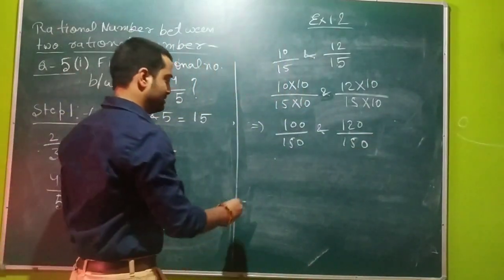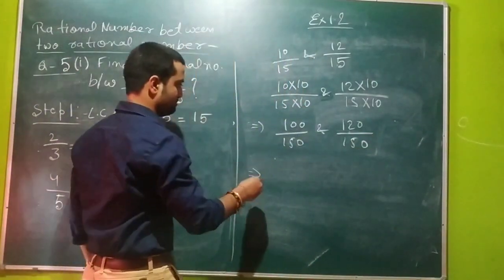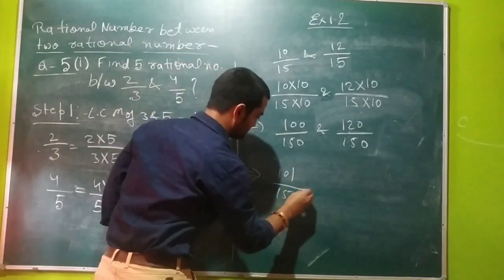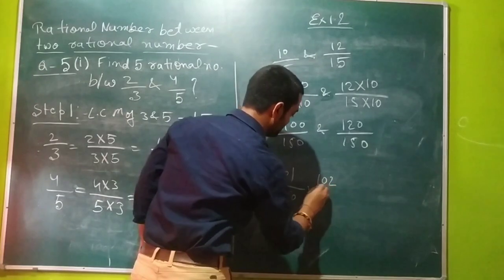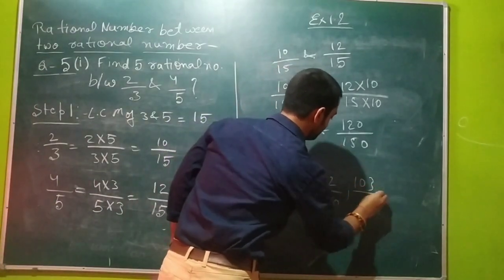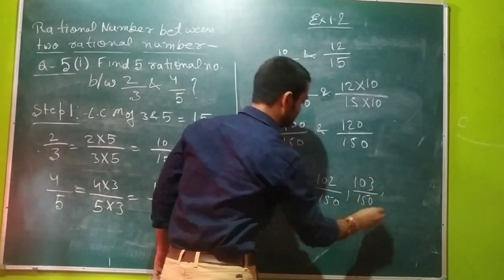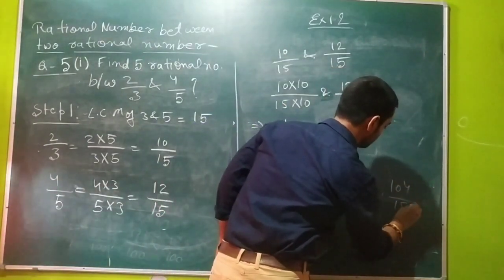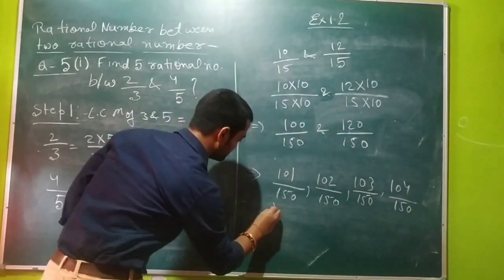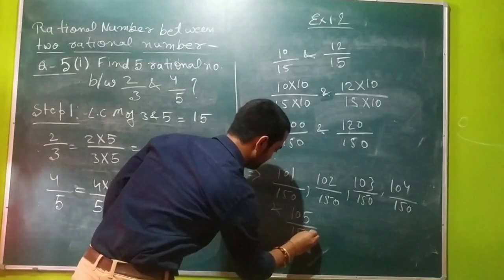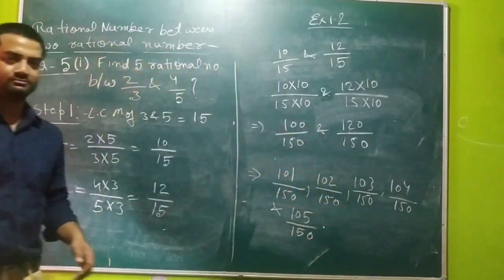So, 5 rational numbers between these two numbers will be 101 upon 150, 102 upon 150, 103 upon 150, 104 upon 150, and 105 upon 150.